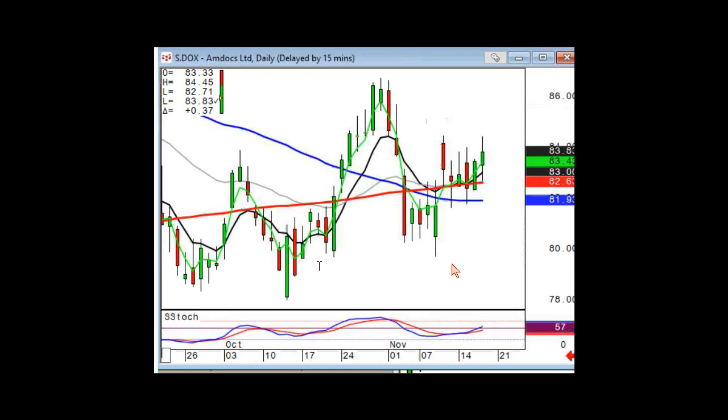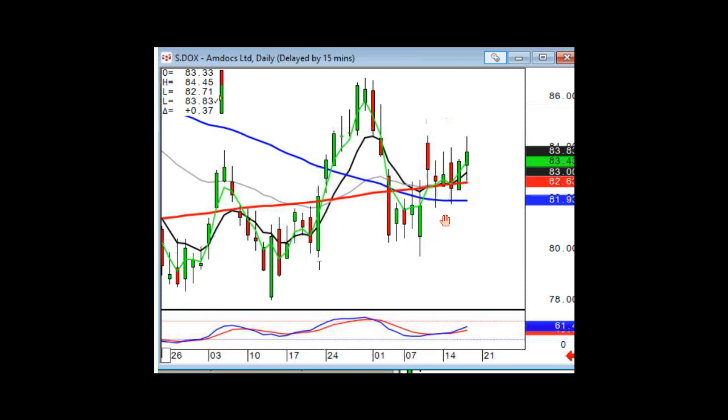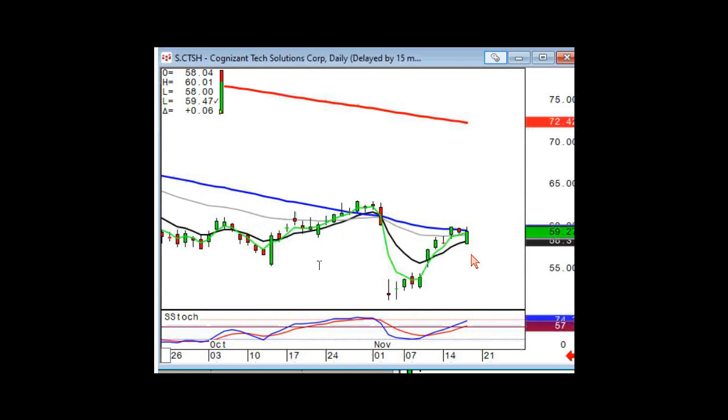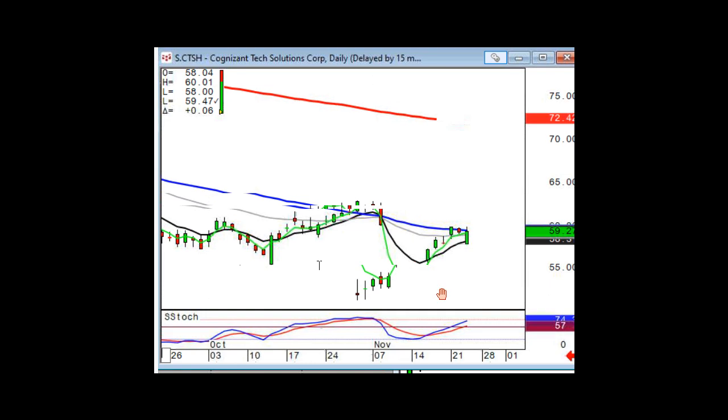Docs, nothing wildly exciting. You've got a slow uptrending channel. You can stay long. Wouldn't be buying it, but if I was long, I would just stay long. This one's still kind of a nothing chart.